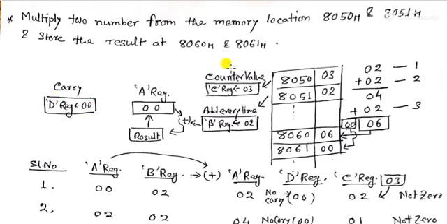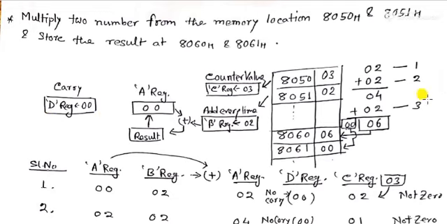So these are the registers we are going to use. For the counter value we take the C register. For the addition value we use the B register. The accumulator is for the addition, where one operand of the addition will be the accumulator, plus a register. For the carry we use the D register.